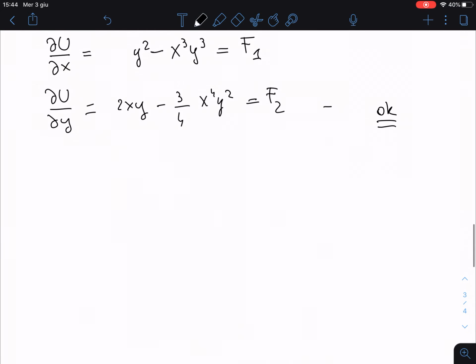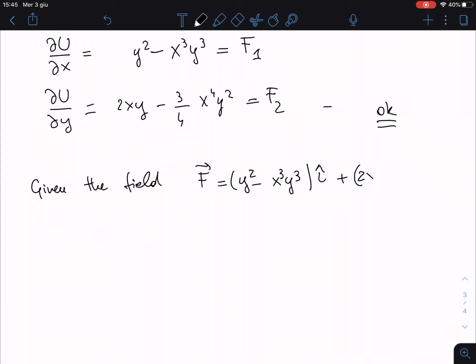Of course, an exercise like that will be given in the form of a multiple choice test. For example, given the field, and then we give the field that you already know, f equal to (y squared minus x cubed y cubed, 2xy minus 3 over 4 x to the fourth y squared).